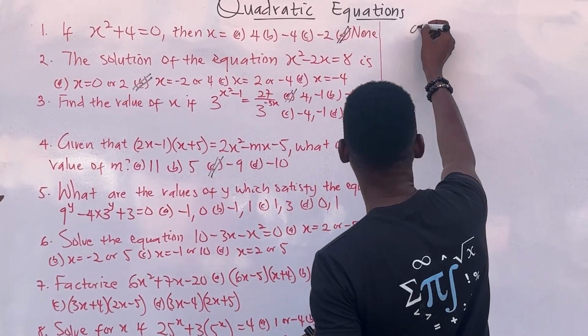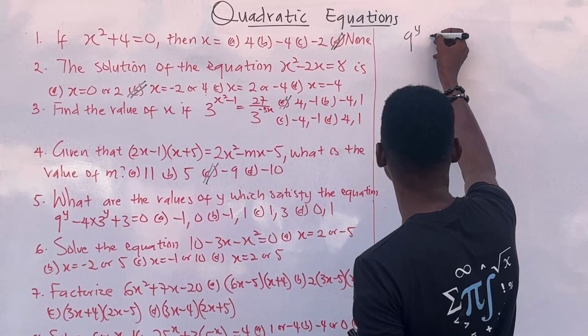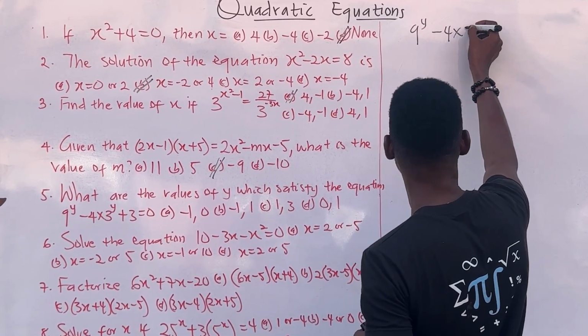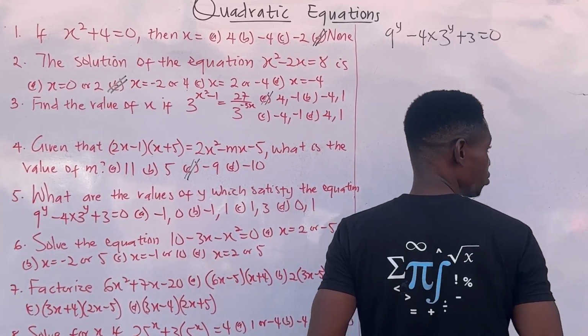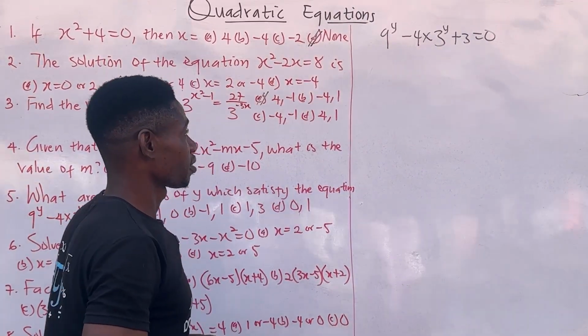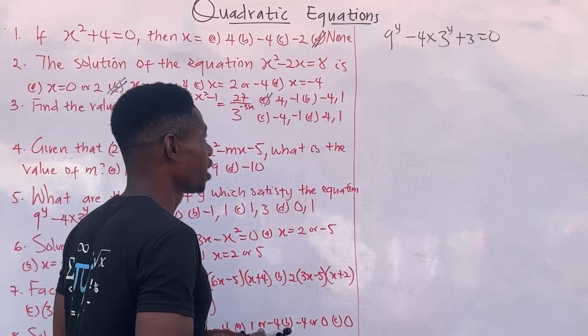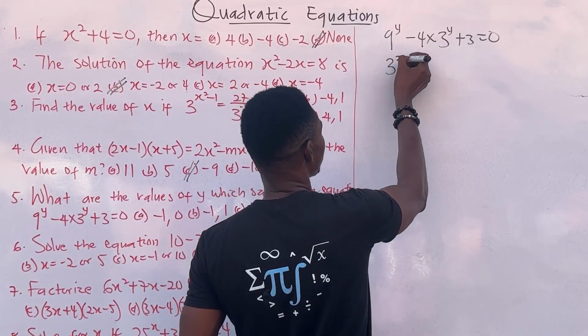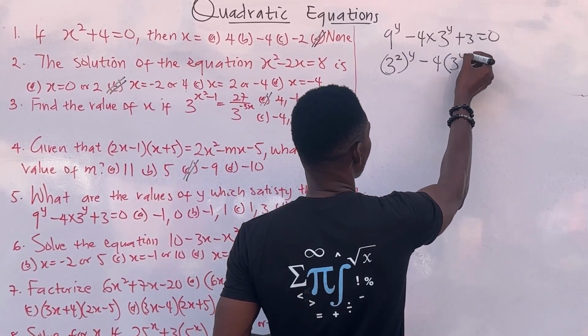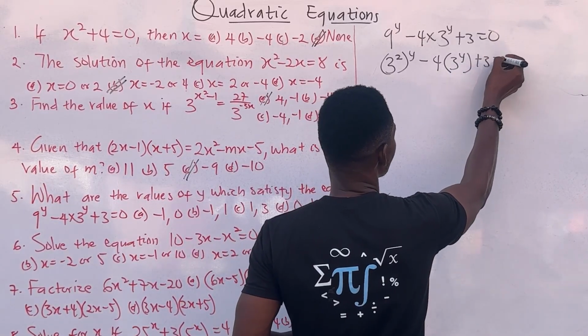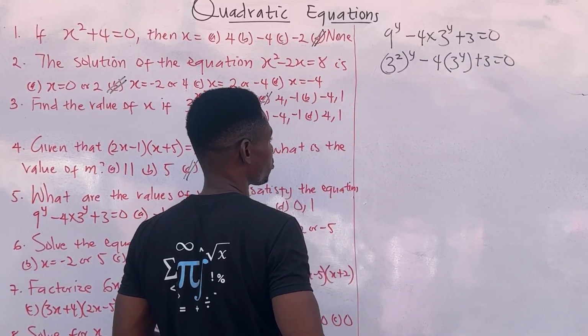So number 5. What we'll have is 9 raised to the power y minus 4 multiplied by 3 raised to the power y plus 3 equal to 0. Okay? So 9 itself can be written as 3 squared, raised to the power y, minus 4 multiplied by 3 raised to the power y plus 3 equal to 0.